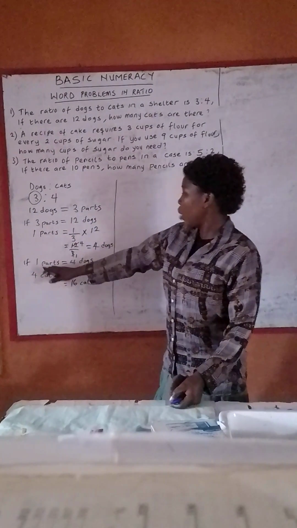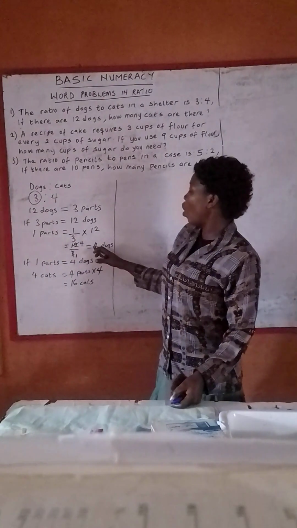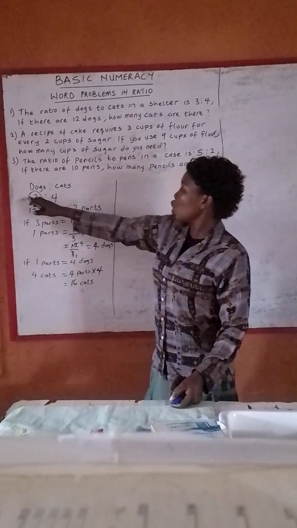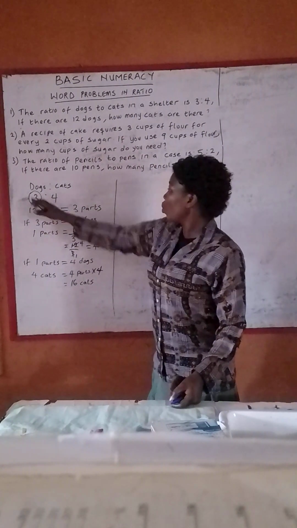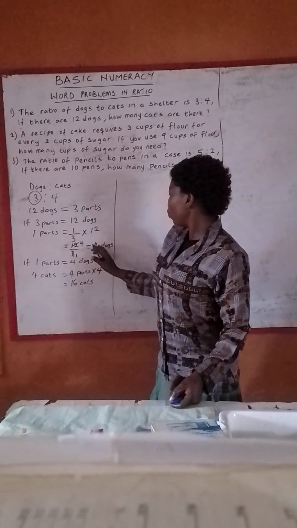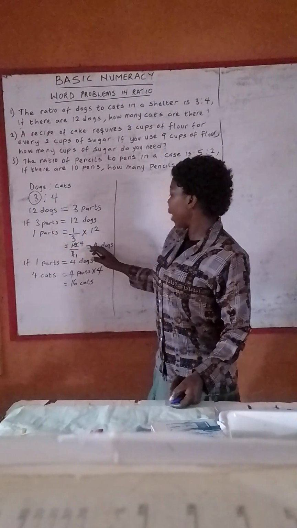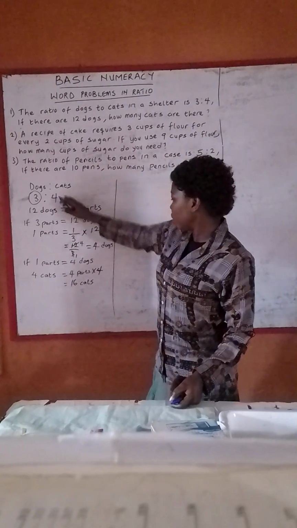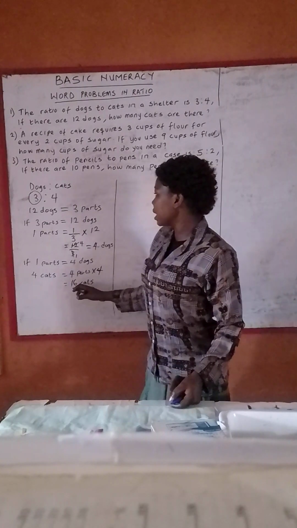What I'm trying to bring out is that if 1 part from these 3 dogs equals 4 dogs, it shows that if you want to equate these dogs to cats, you multiply the 1 part by the 4 cats already given. 4 cats will be 4 times 4, and that is 16 cats.